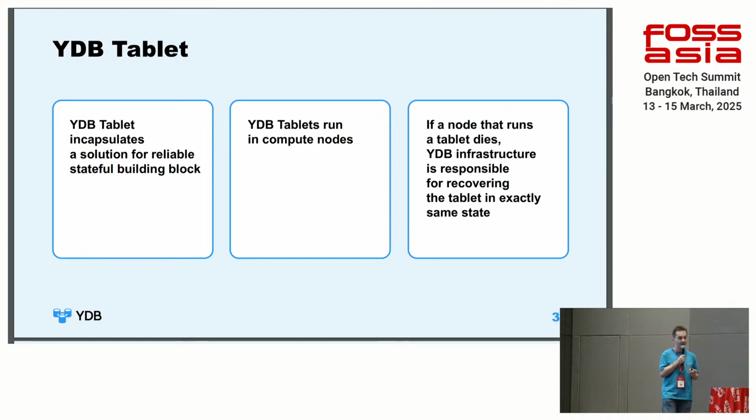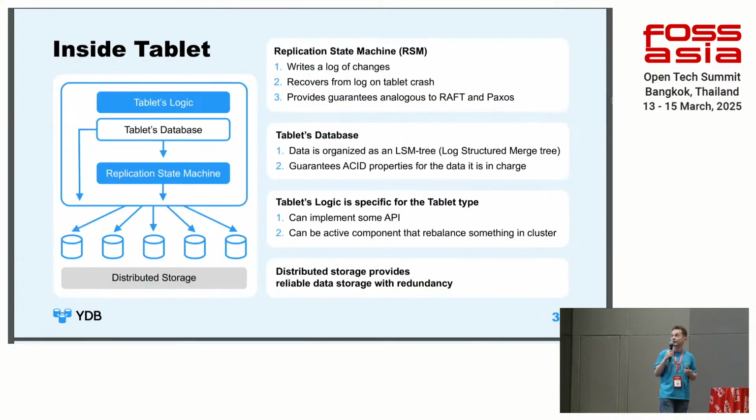And a tablet is a place where you implement user logic, like row storage or columnar storage. And YDB tablets run in compute nodes. Let's look at the picture. A tablet encapsulates user logic like columnar or row store, and it has its own database implemented over a blob storage group.